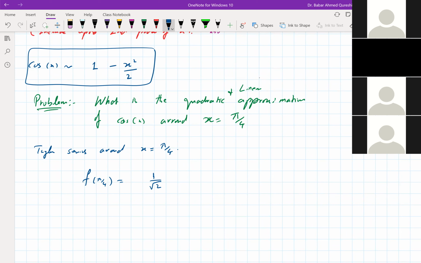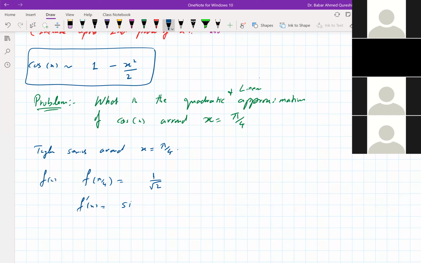What's the cosine of pi by 4? 1 over under root 2, yeah. Then I find f derivative.